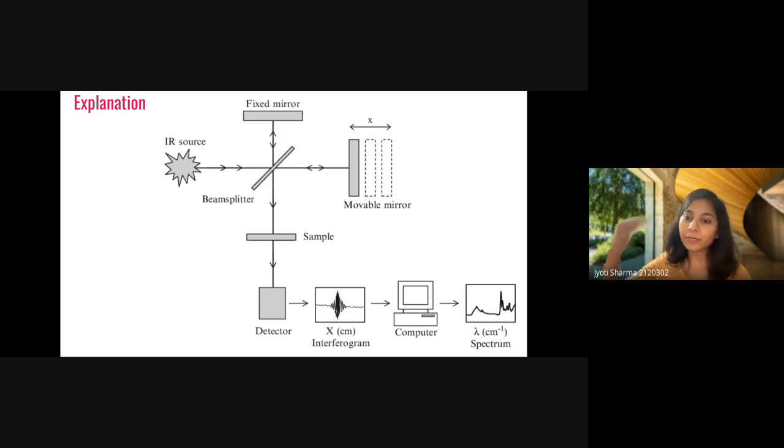So that would be a different type of spectroscopy where we are using infrared radiation in place of the ultraviolet or visible light range, right? And in that we have a beam splitter that will split, and that will give one particular range of wavelength to the sample. Okay, so this is the beam splitter.